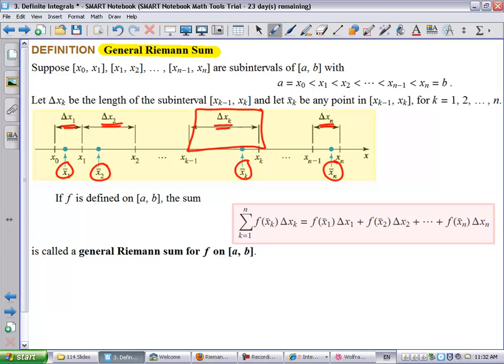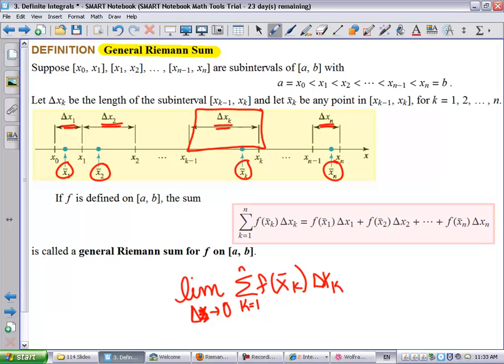So instead of saying that the number of rectangles goes to infinity, for this one we're going to say that the size of all the delta x's is going to go to 0. For every delta x, the book just says delta. All the changes are going to have to go to 0. And then we still have the sum from 1 to n, f of x bar k times delta x k.